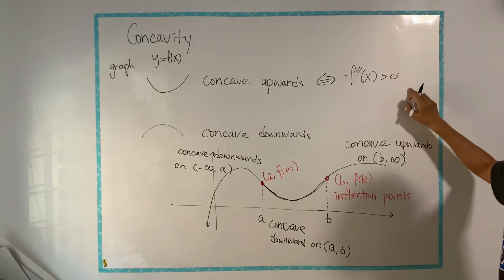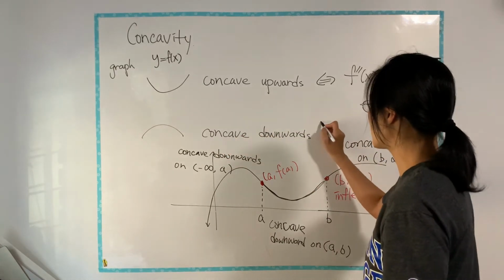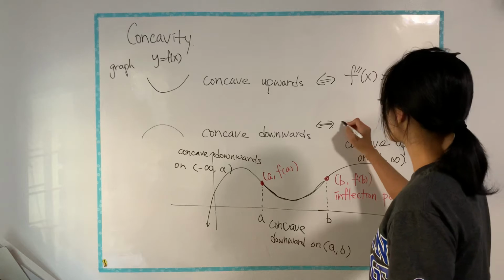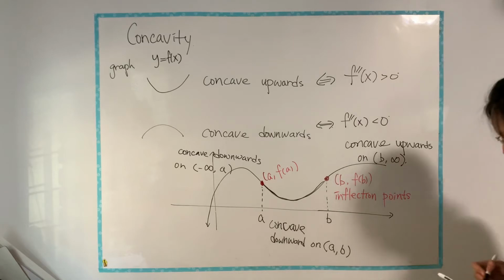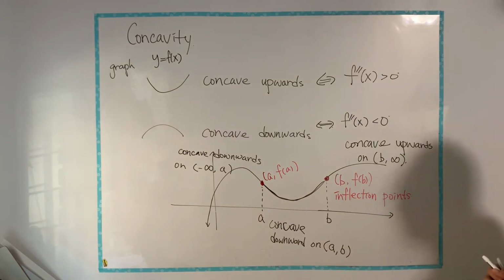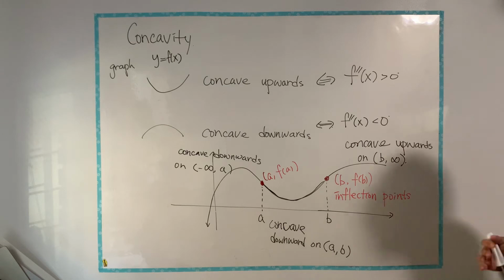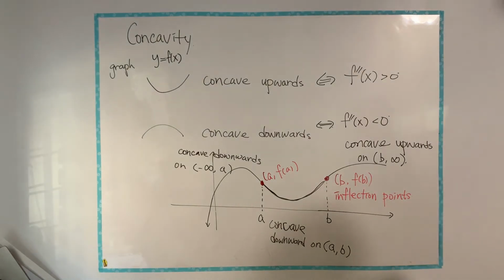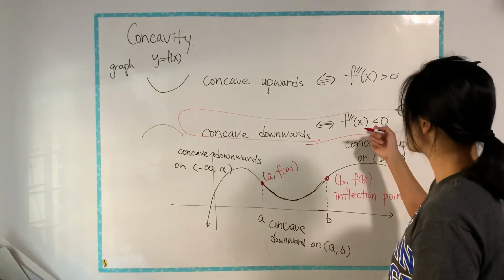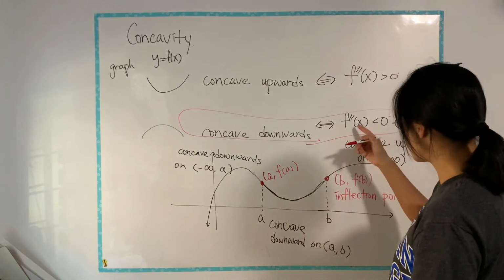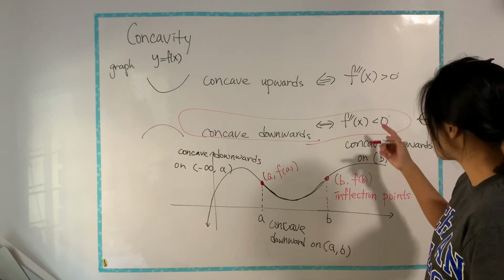And concave down is true if and only if f double prime is negative. Let me give you an example in a second. But this is one property that you want to memorize. If you see f double prime being negative, that means it's concave down.